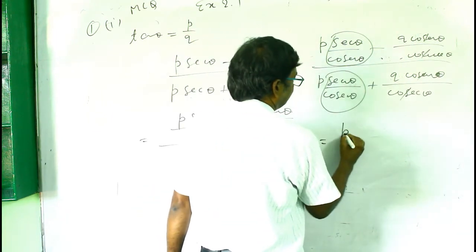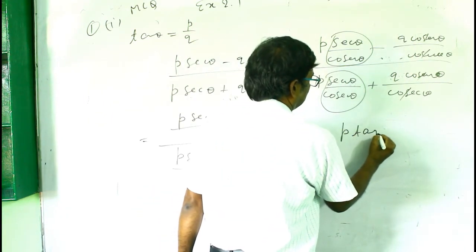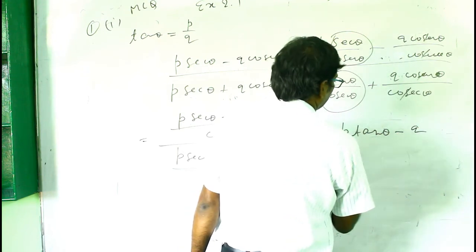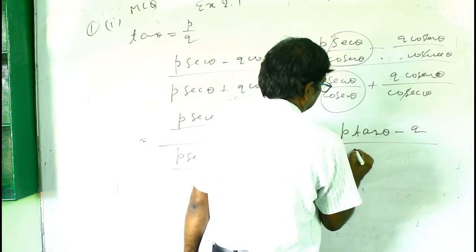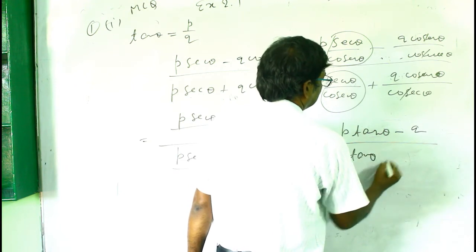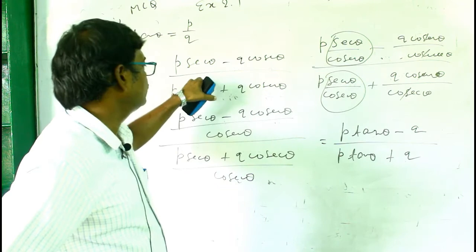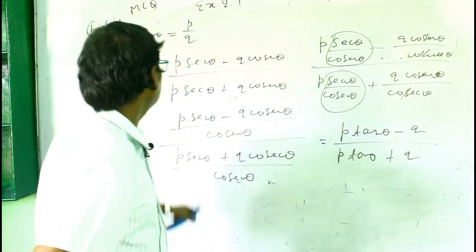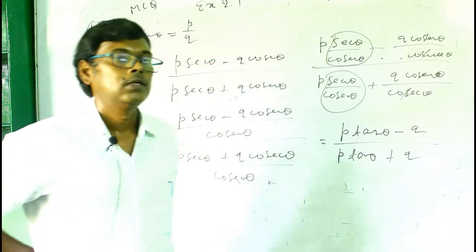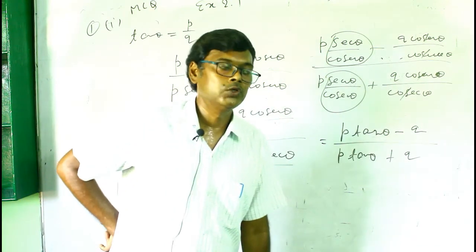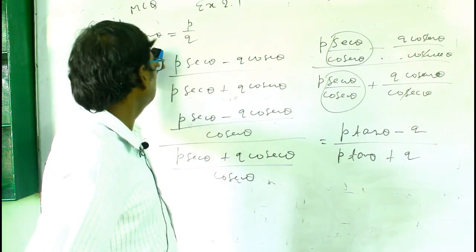So now you have p tan theta minus q by p tan theta plus q. Okay, now from this we have got this expression. Now we are given that the value of tan theta is p by q. So put the value of tan theta here.